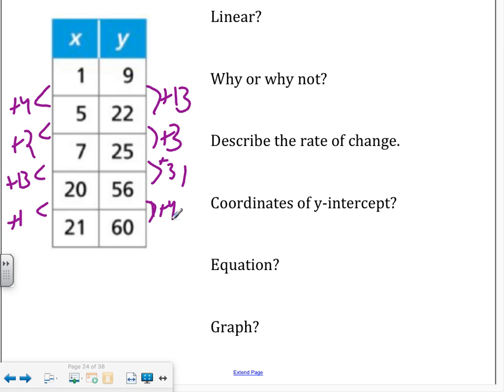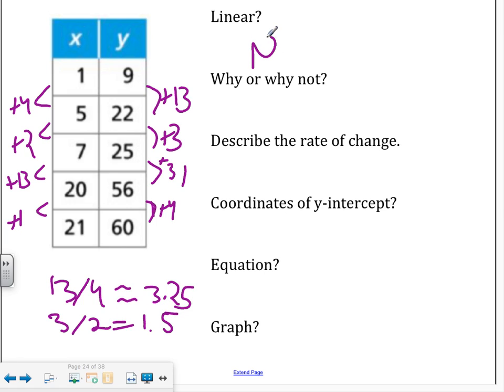So if we look at how x changes and how y changes, in the first row, we have 13 over 4, which is about 3.25. The second row, 3 over 2 is 1.5. So right here, we can say that it's not linear.